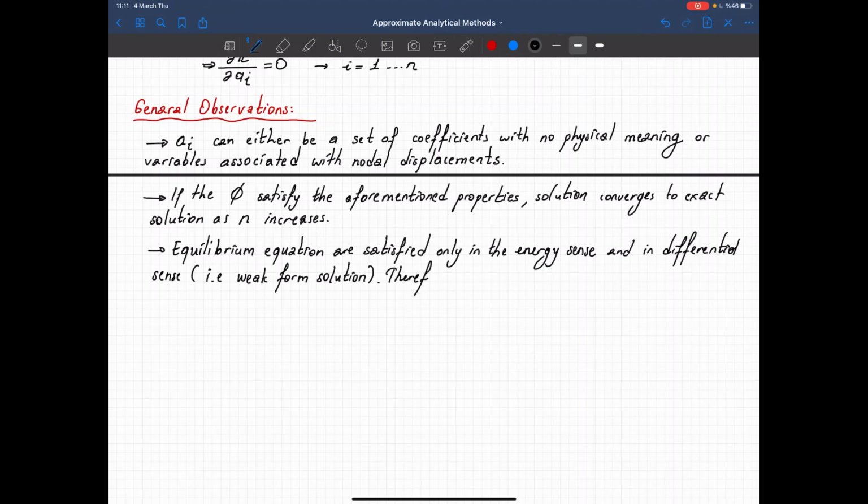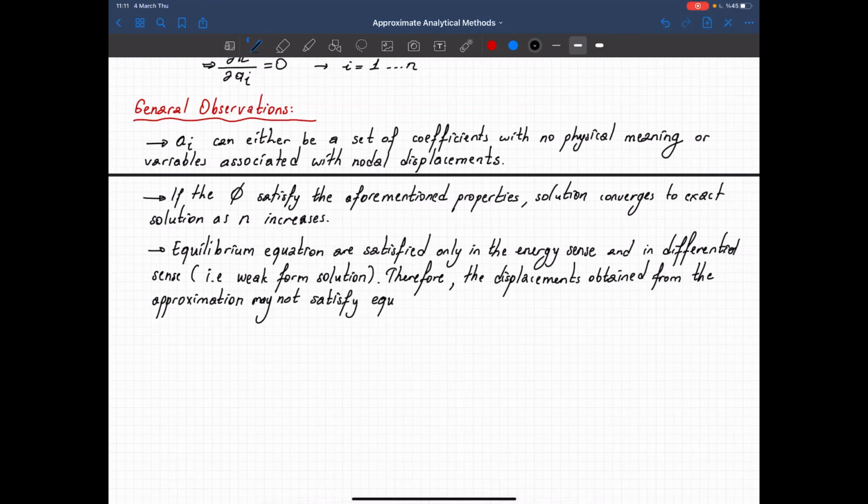Therefore, the displacements obtained from this approximation, let's not say do not, but let's say may not satisfy equilibrium equations.